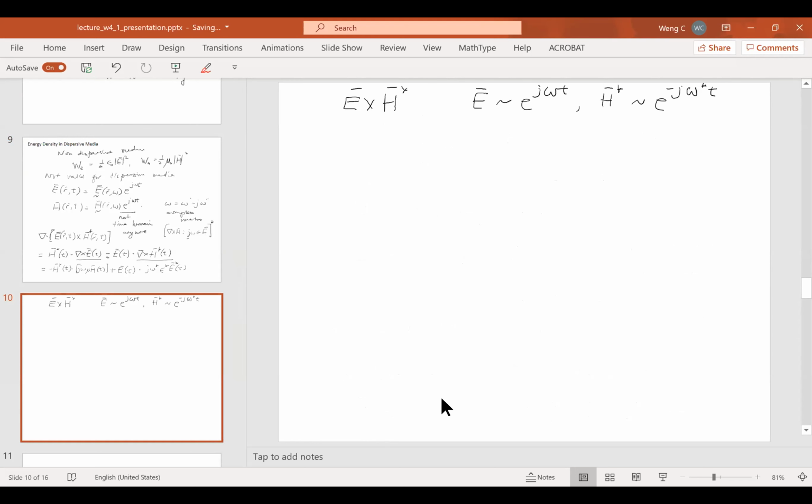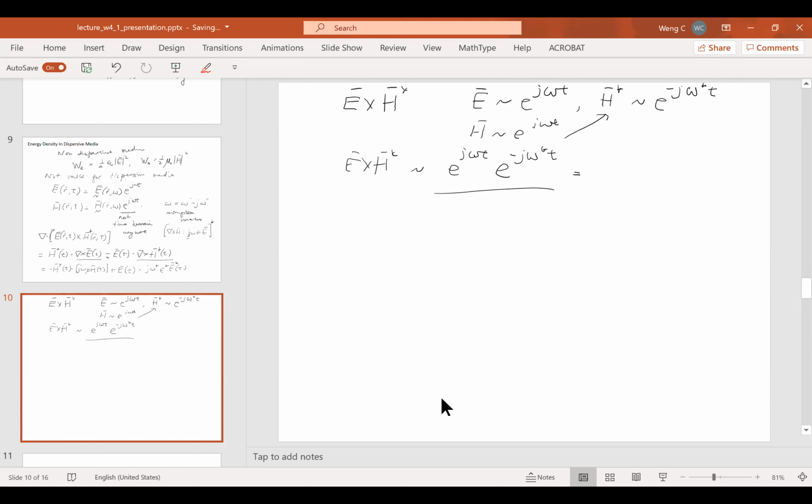Okay, if I take the conjugation of E and H, I get this. And what it means is that E cross H conjugate would be proportional to e to the j omega t, e to the minus j omega star t. Okay, it will have this very strange kind of time dependence that you never had before.